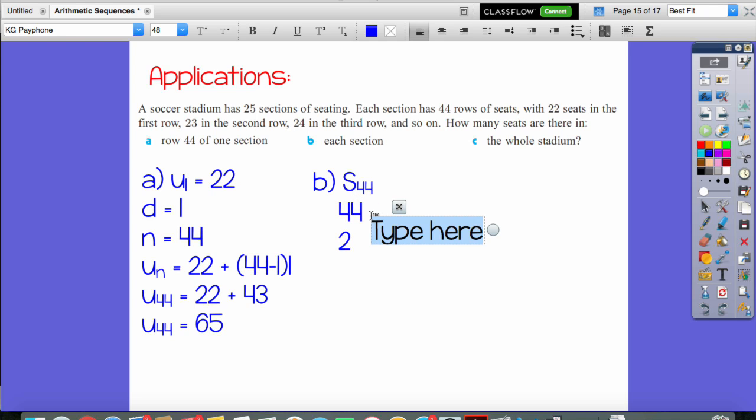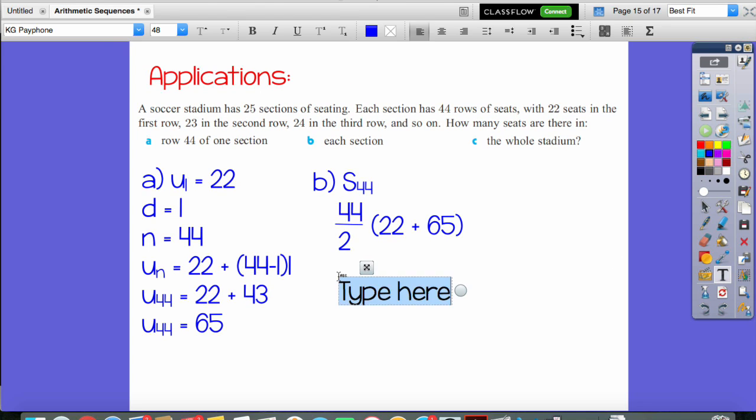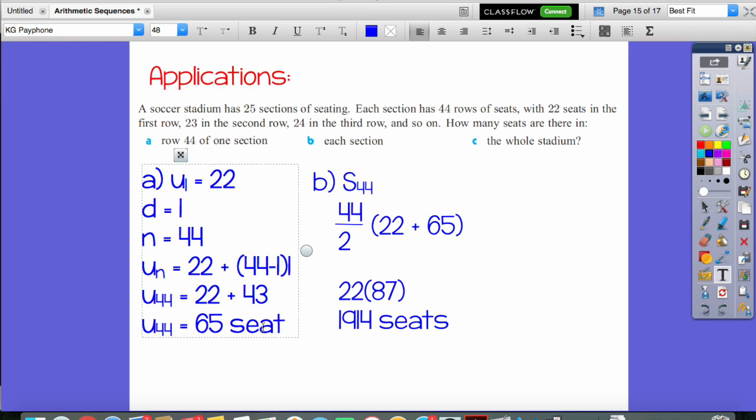And since we know how many seats are in the first row, and we also know how many seats are in our last row, let's go ahead and use that formula for when you know the first term and the last term, just to make it a little bit easy on ourselves. So we know there's going to be 22 times 87, and 22 times 87 is 1,914. Okay, so we know that that's how many seats are in each section. Hopefully this is not too bad.